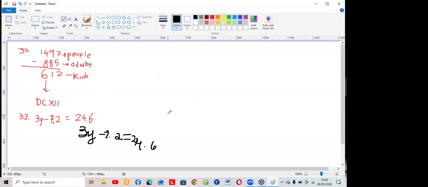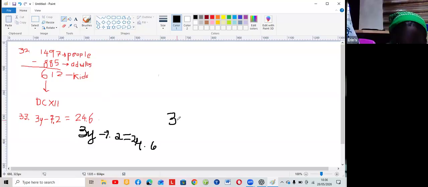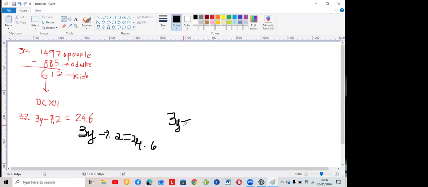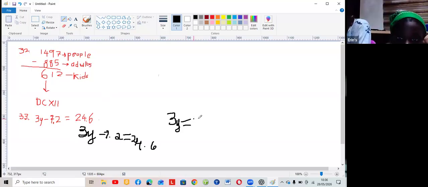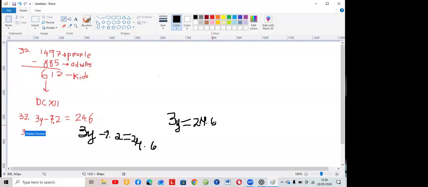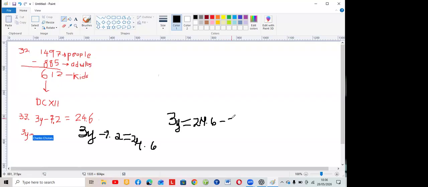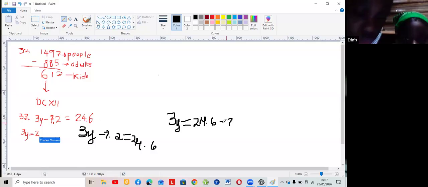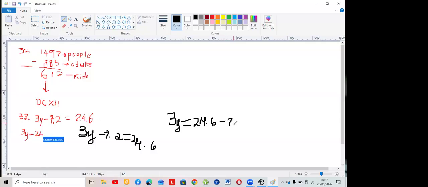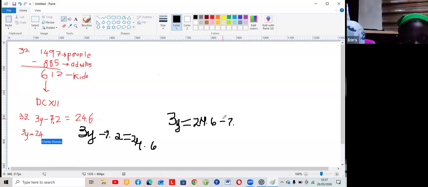So what are we going to do to both sides? 3y equals 24.6 minus 7.2. Am I hearing minus? I mean plus.